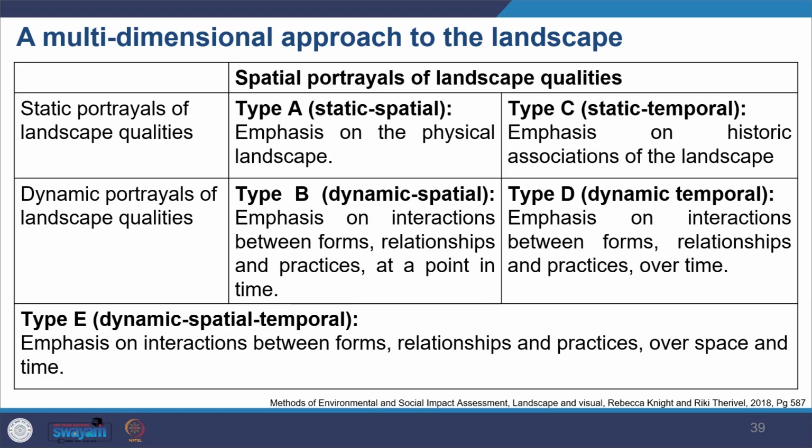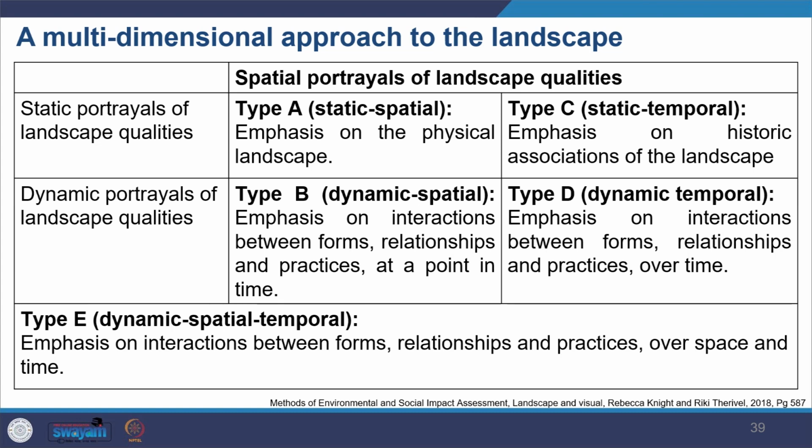Through this system you see that there are 5 types of landscape models which have been created by Stephenson. This relates to whether the landscape is static or dynamic, or has a spatial or temporal portrayal. In this table, static means it is very stable, it is as it is, while dynamic means it continuously keeps changing and evolving.